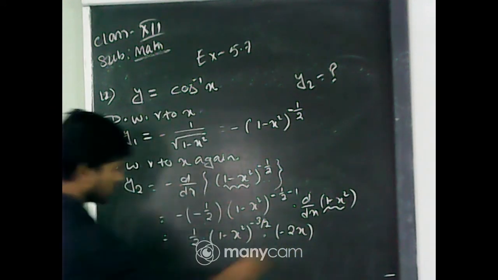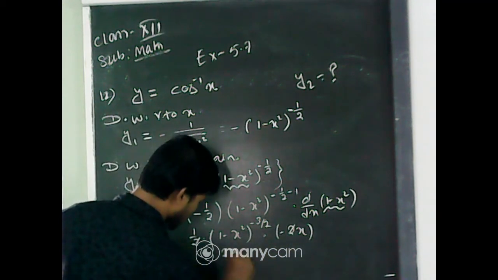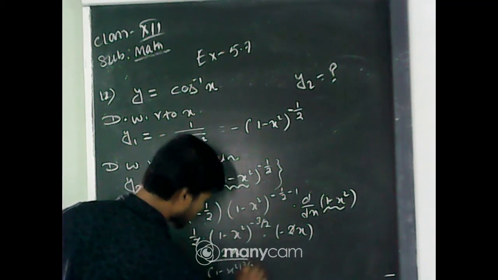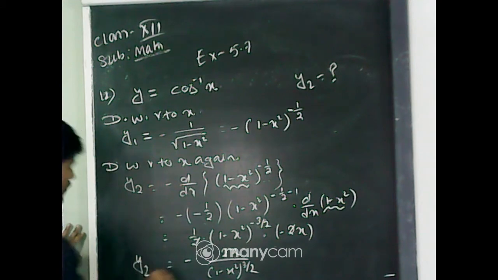So the final result is minus 2x by (1 minus x square) to the power 3 by 2. This is the value of d2y/dx2.